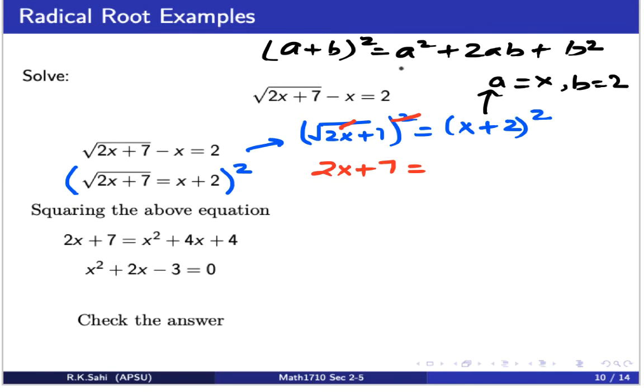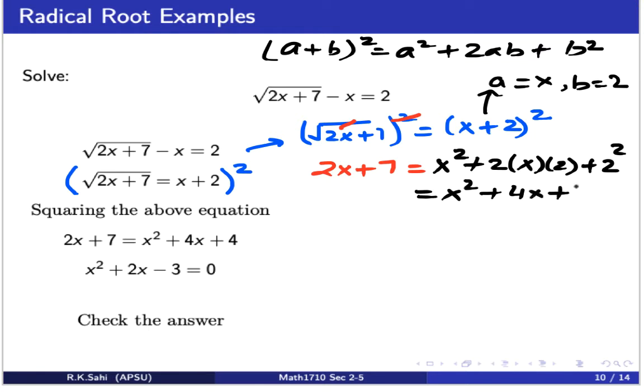So plugging these terms over here on the right hand side, we get x square plus 2 times x times 2 plus 2 square. We get this as x square plus 4x plus 4. So this one is 2x plus 7 on the left hand side. So notice this is exactly what we have over here on the side of the board. So 2x plus 7 equals x squared plus 4x plus 4.